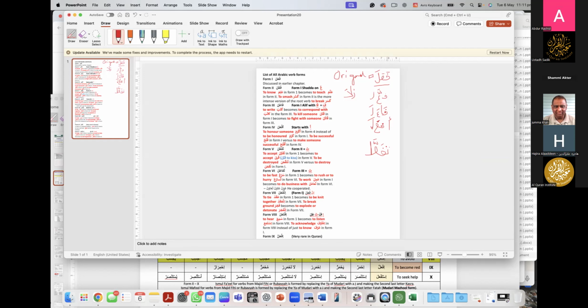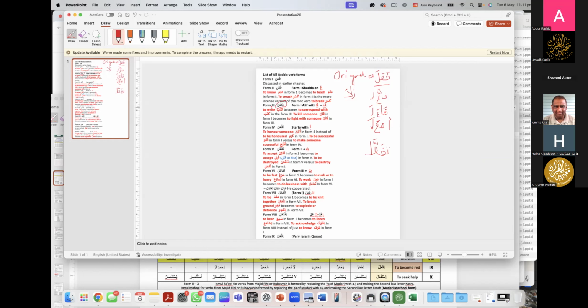Do you get it? So 2, 5 similarity. Clear? And I said 2, 5, 3, 6. 3 is fa'ala, correct? So it's ta added before fa'ala, tafa'ala. This is how you will remember. Otherwise, there is no other way.